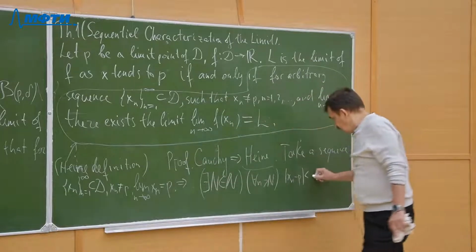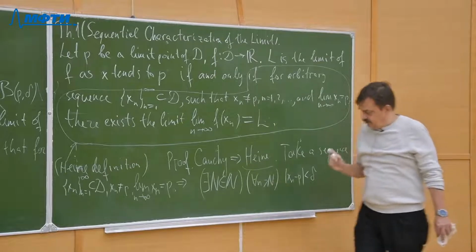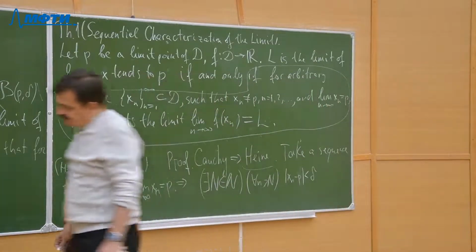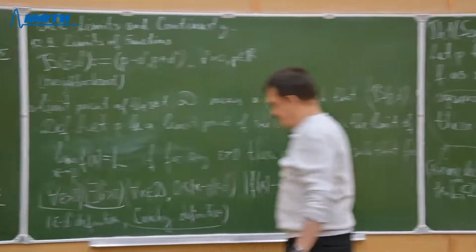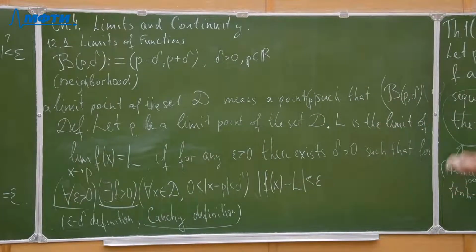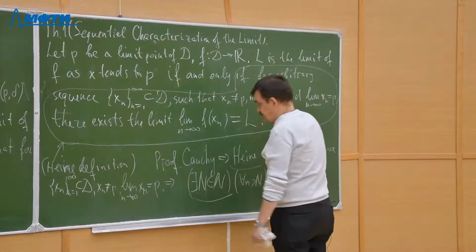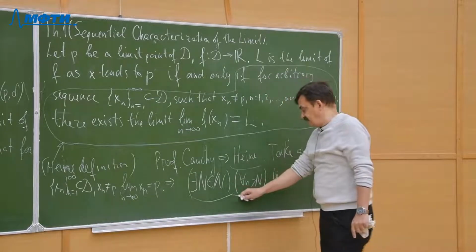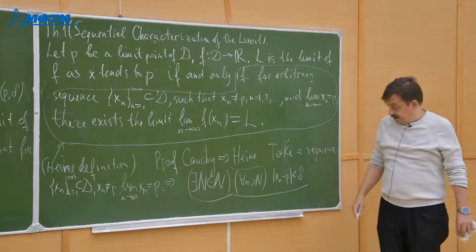So here I'll put delta. So look, for arbitrary epsilon, we choose delta greater than 0. And from that delta, for that delta, we can find natural N such that for all n greater than capital N, we have the following inequality.